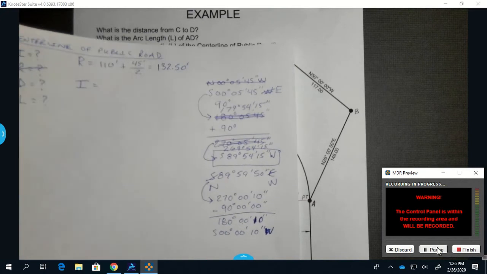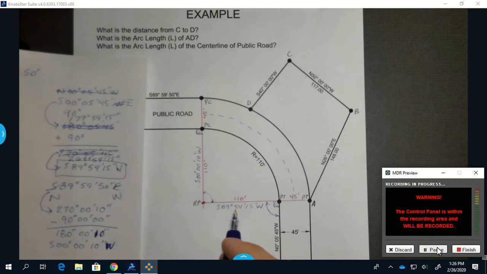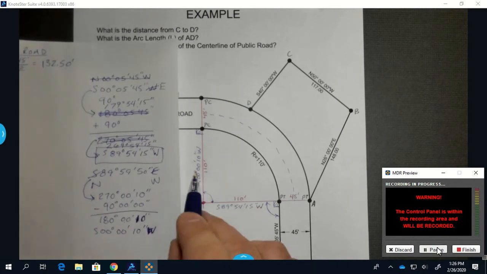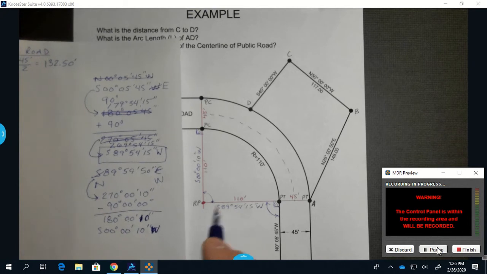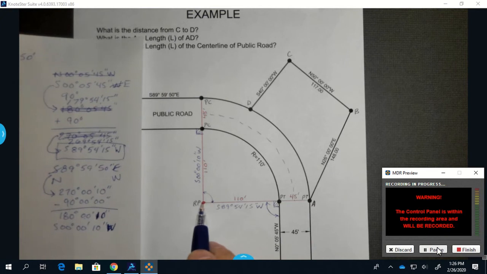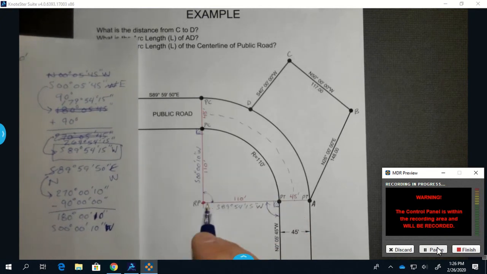So I should be able to figure out that interior angle pretty easily. Okay? So let's look at these. This is a northeast, this is a northwest. If we switch them around, so we're looking at here, okay, so if I'm going from the RP out to A, or RP out to the PC here, we're looking at this angle in here.